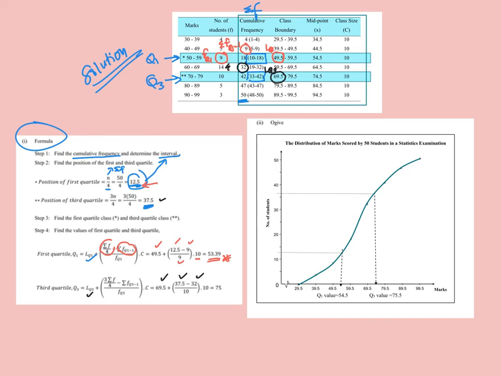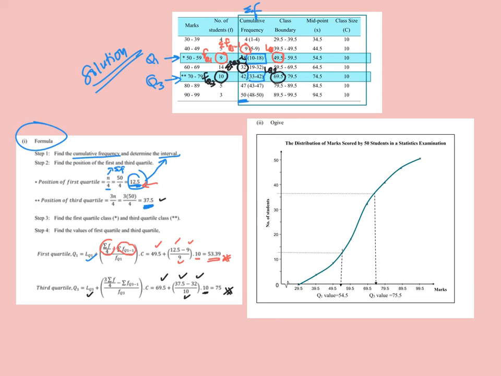Below this we have 10 as the denominator, which comes from the frequency of quartile 3 equals 10. The class size is 10. Calculating with a calculator, you get 75. So this is using the formula.